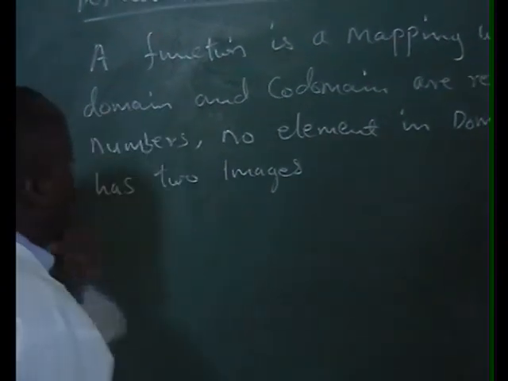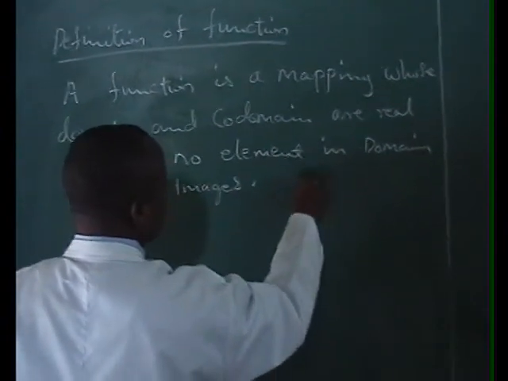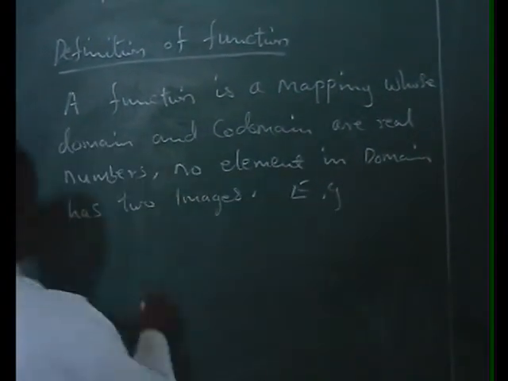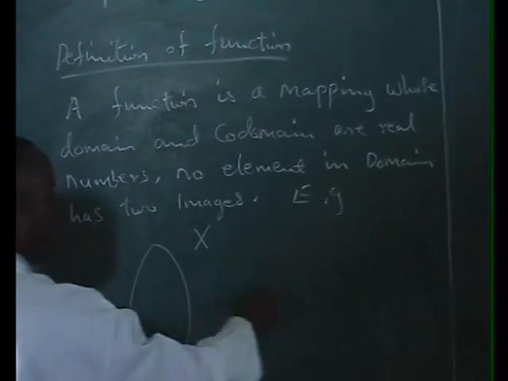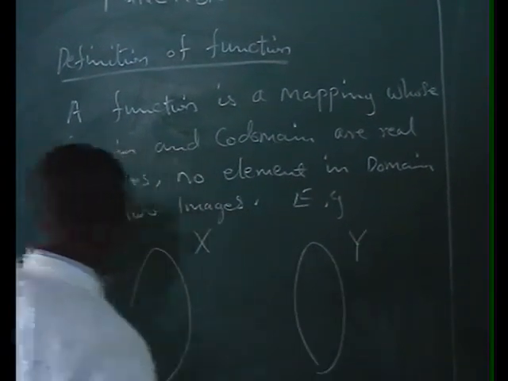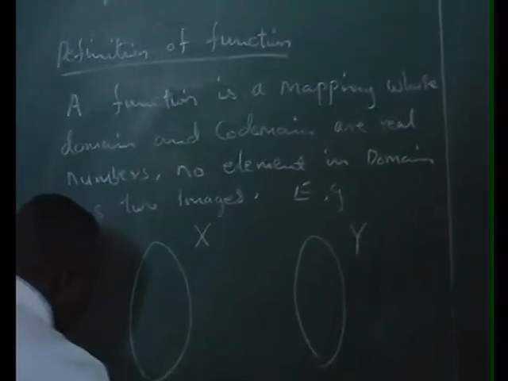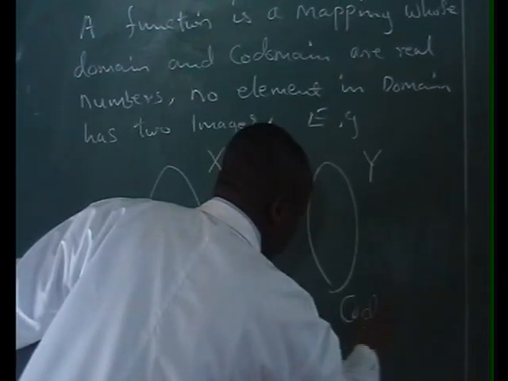So now let's take an example. I have this set X. I have another set here called set Y. Of course, we know that this is the domain and this is the codomain.